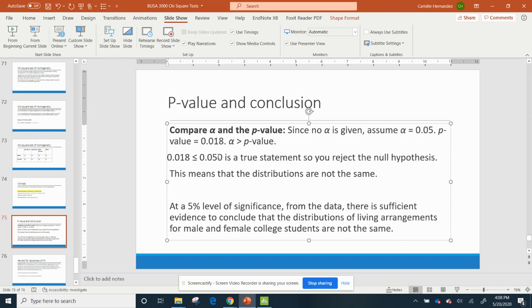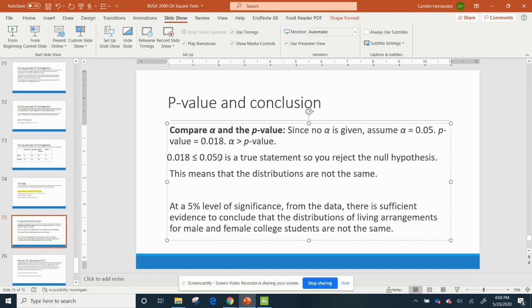It's a true statement, so I reject my null. That means at the 5% level of significance, from the data there is sufficient evidence to conclude that the distributions of living arrangements for male and female college students are not the same. So those two distributions are different.